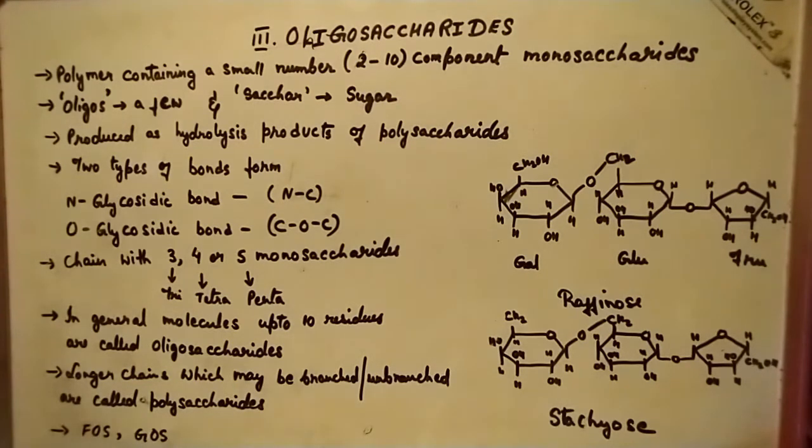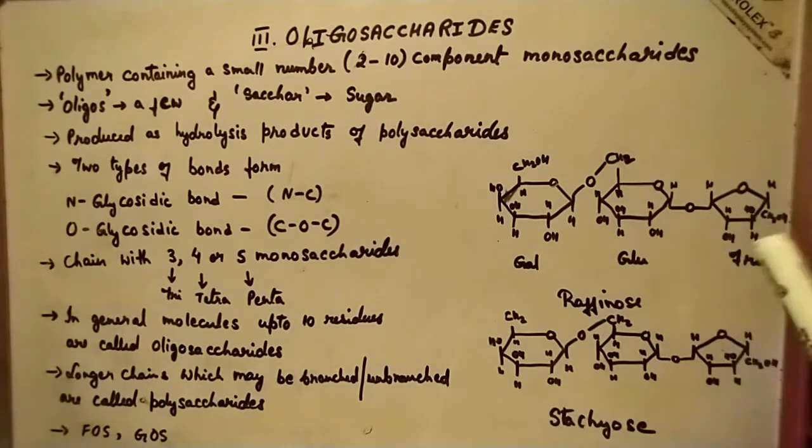When two hydroxyl groups from two different monosaccharides, as you have seen in the case of disaccharides, combine, releasing a molecule of water in a condensation reaction, the bond formed is referred to as a glycosidic bond.